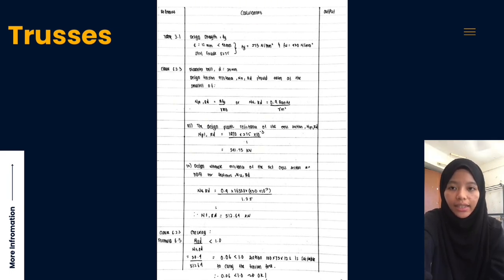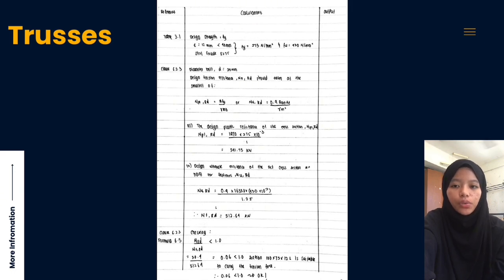So the design plastic resistance of the cross section NPLRD equals 1970 multiplied by 275 times 10 to the negative 3 over 1, so we will get 541.75 kN.